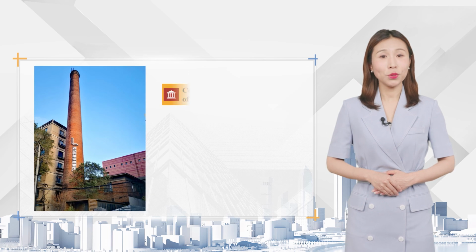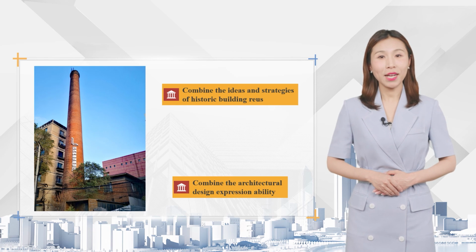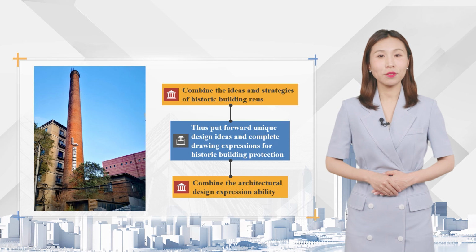I hope that students can combine the ideas and strategies of historical building reuse with architectural design expression ability, and thus put forward unique design ideas and complete drawing expressions for historical building protection.